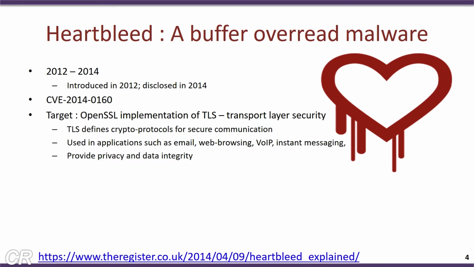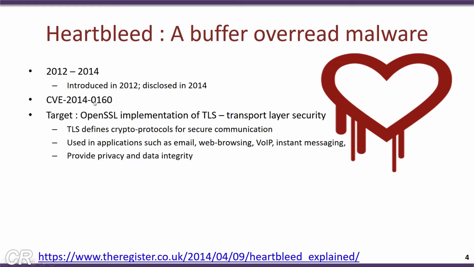Now, let us take one particular example of a buffer overread attack. This particular attack is known as Heartbleed. It was a vulnerability that was introduced in 2012 and disclosed in 2014. The CVE for it is over here, CVE-2014-0160.